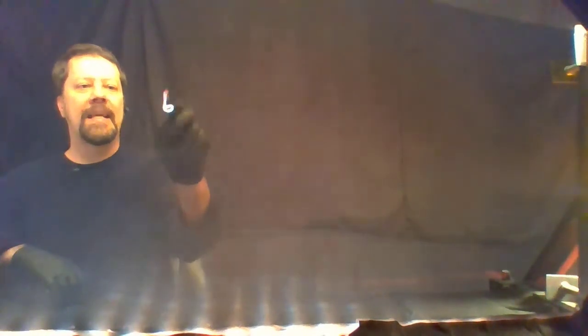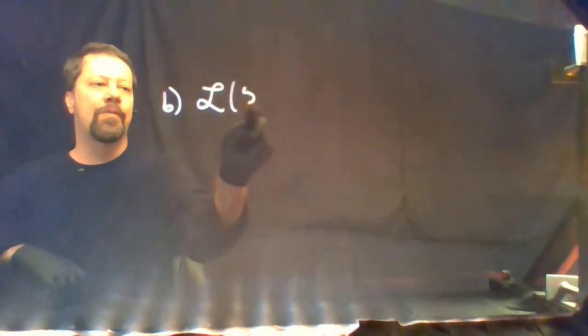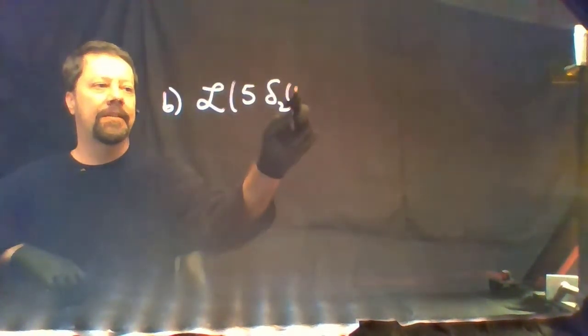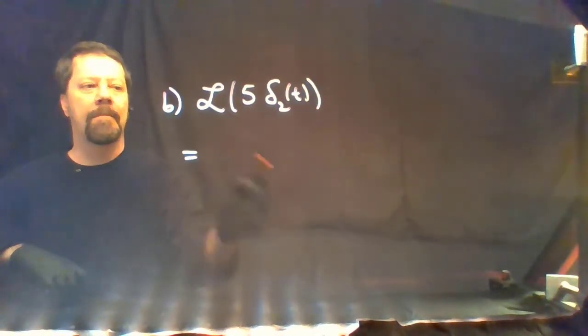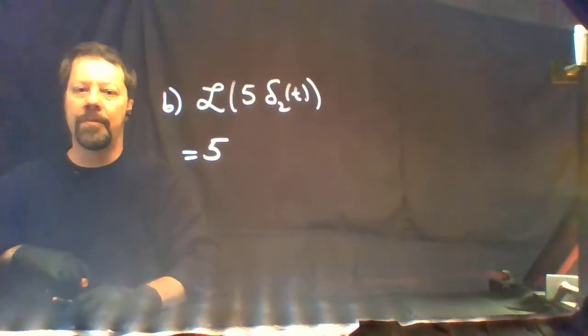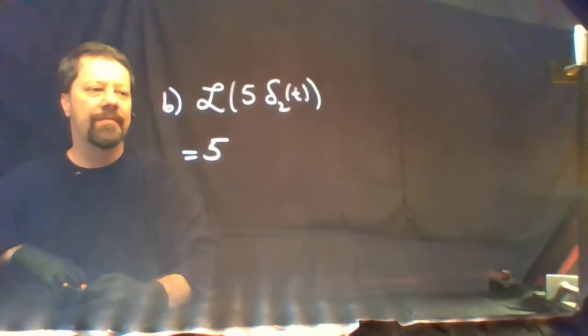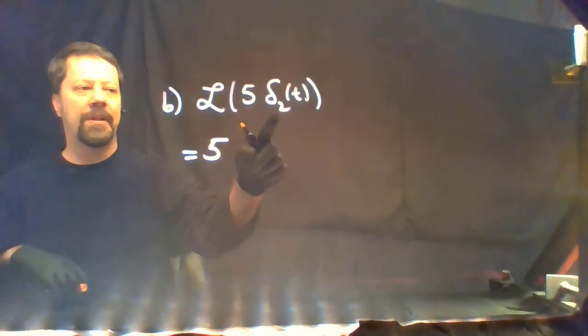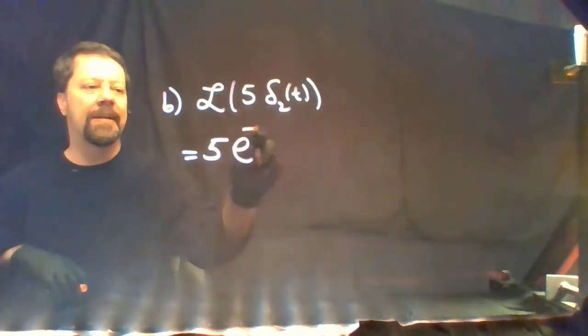On part B, I ask you to calculate the Laplace transform of 5 delta 2 of t. The 5 can be pulled out of the Laplace transform using one of the linearity properties. The Laplace transform of delta 2 of t is e to the minus 2s.